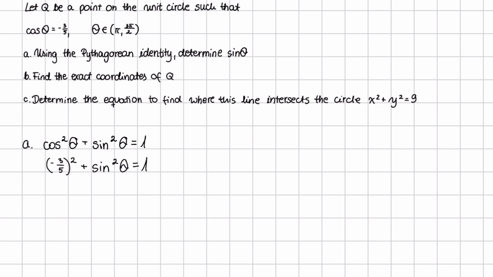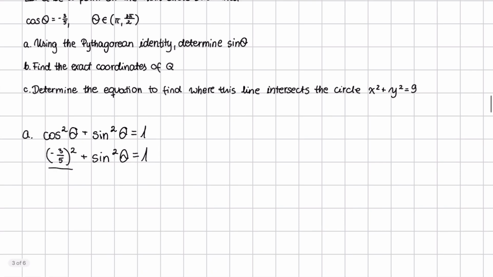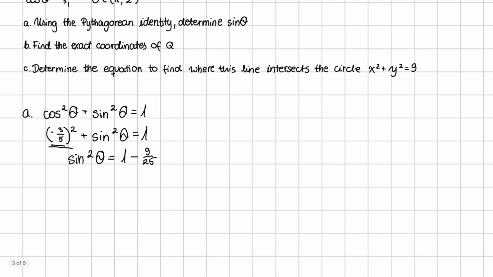So here we can move this value from the left hand side to right hand side. So here we have sine squared equals 1 minus negative 3 over 5 to the second power, which is just 9 over 25, and we have to calculate it on our GDC.